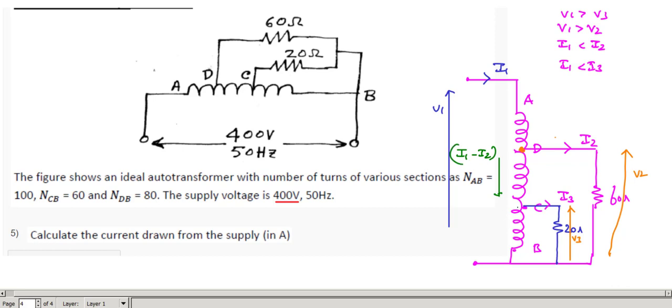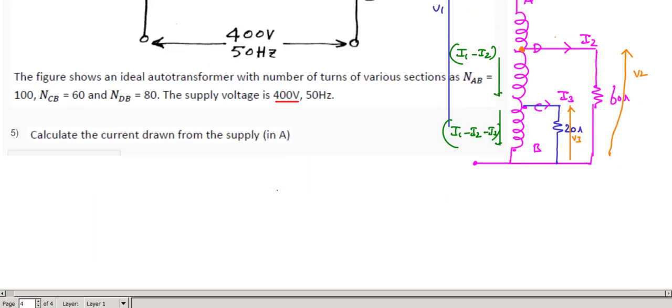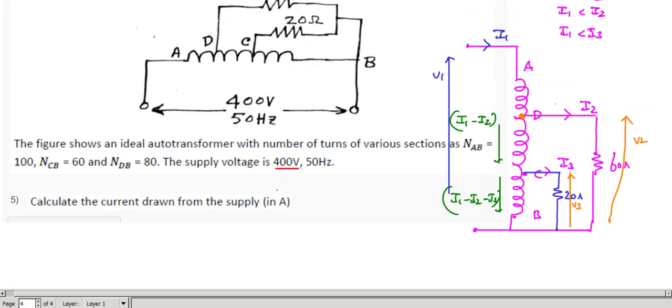Let us apply KCL at C. I will get I1 minus I2 minus I3. So you see here clearly, actually this is a step down transformer. Current I1 is flowing like this.